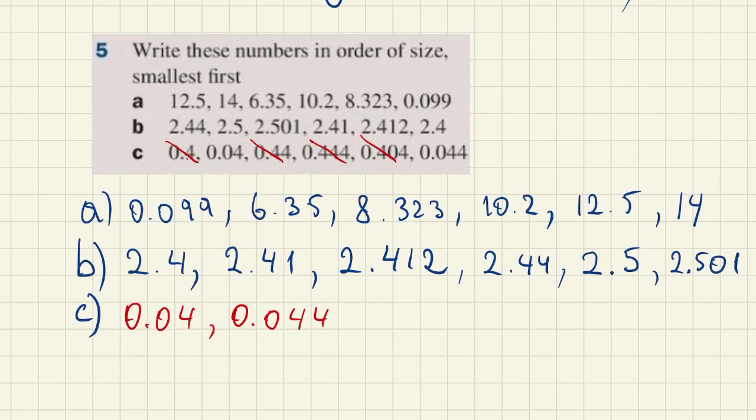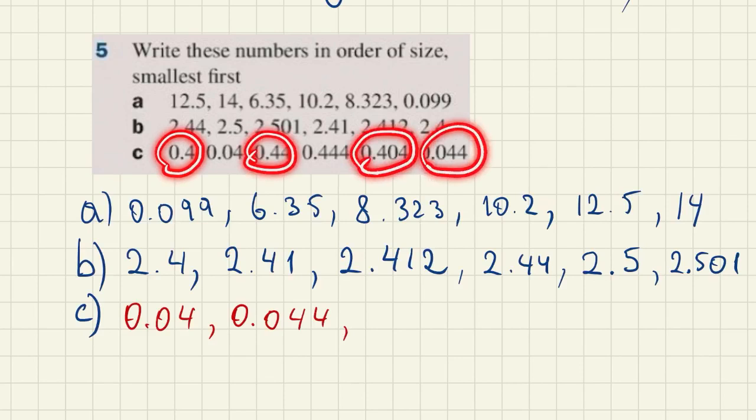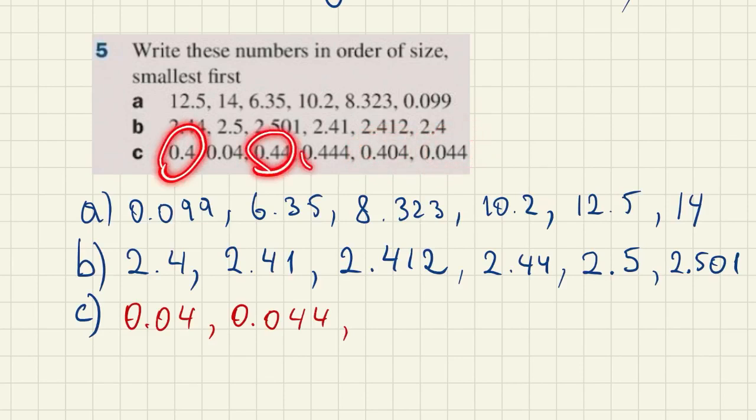Okay, now we can look at the bigger ones. The first one is, of course, the one which has the least digits in it, because again, they all have 4 tenths in them. All these numbers, 0.4, 0.44, they all have 4 tenths. So first we choose the one which has the least amount of digits, which is 0.4.